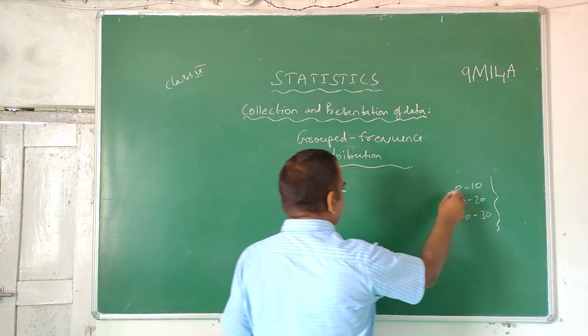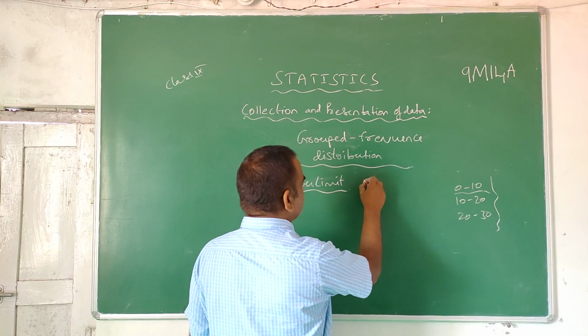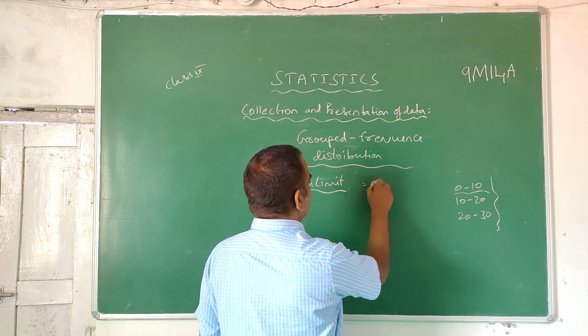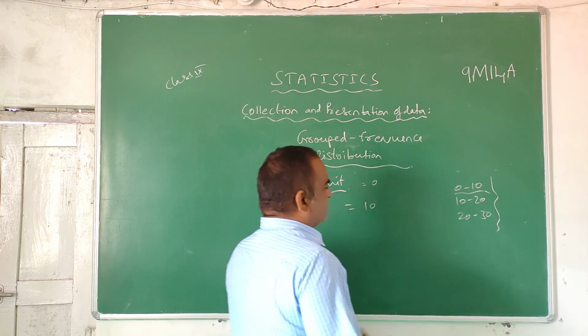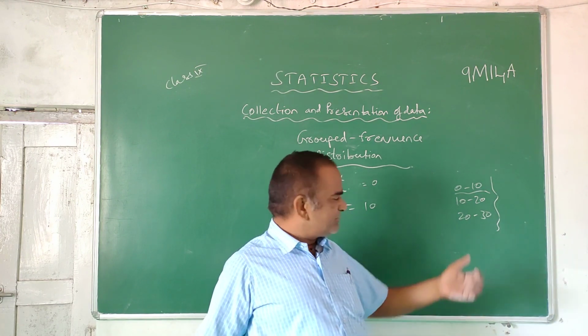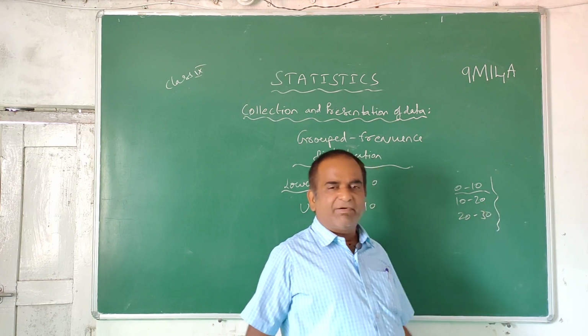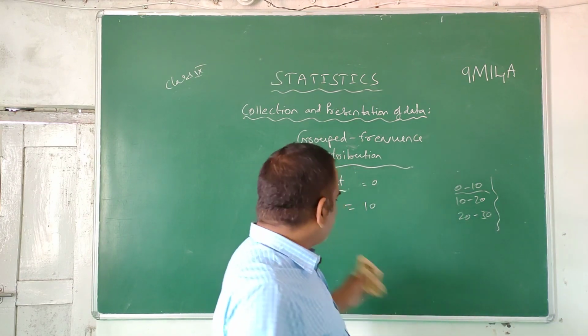As far as this class is concerned, the least value is 0, the highest value is 10. So the lower limit is 0 and the upper limit is 10. The limits differ from class to class. If you take this class, the lower limit is 10, the upper limit is 20. Understood what is lower limit and upper limit?